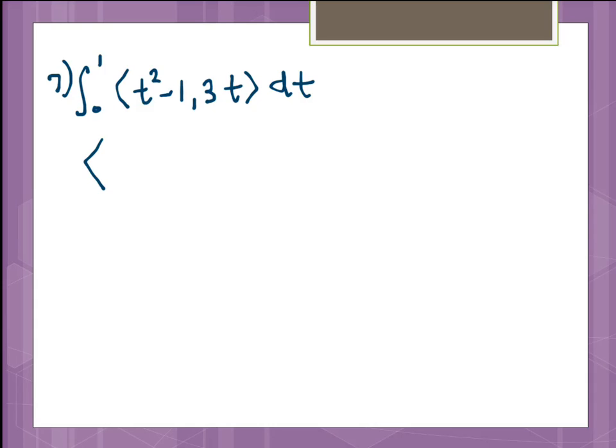So what is the antiderivative of t squared? All right, so 1/3 t cubed, or t cubed over 3. Good. And then the antiderivative of the minus 1? T. Yes, t. And then the antiderivative of 3t? 3/2 t squared. All right.